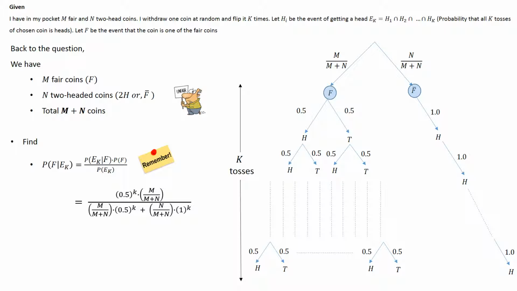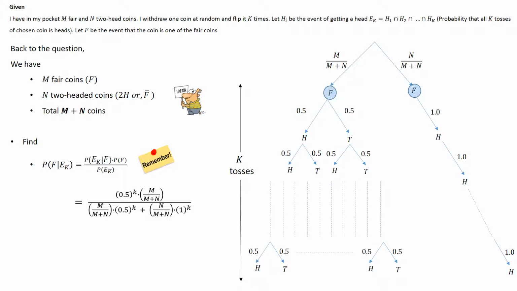The probability of getting heads on k flips, given that we have a fair coin, will be 0.5 to the power k, times the probability of choosing the fair coin, which is equal to the number of fair coins, m, divided by the total number of coins, m plus n.